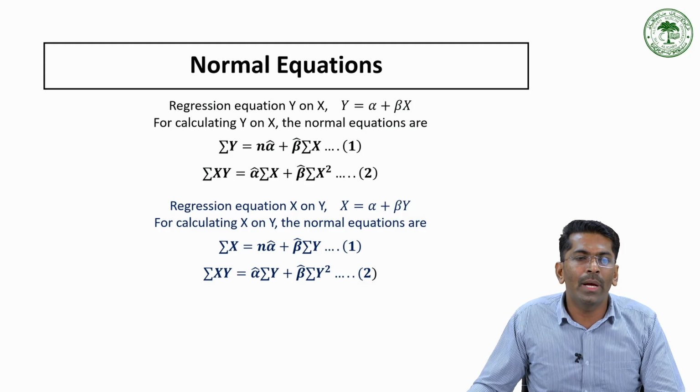Then sum of xy stays as it is, equals alpha hat sum of y plus beta hat sum of y square. So these are the normal equations for the regression analysis. By using these normal equations, we can calculate the unknown values of alpha hat and beta hat.